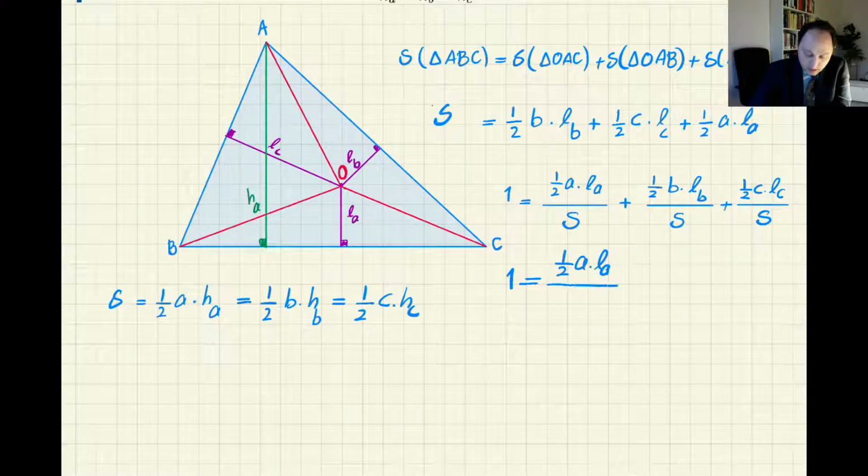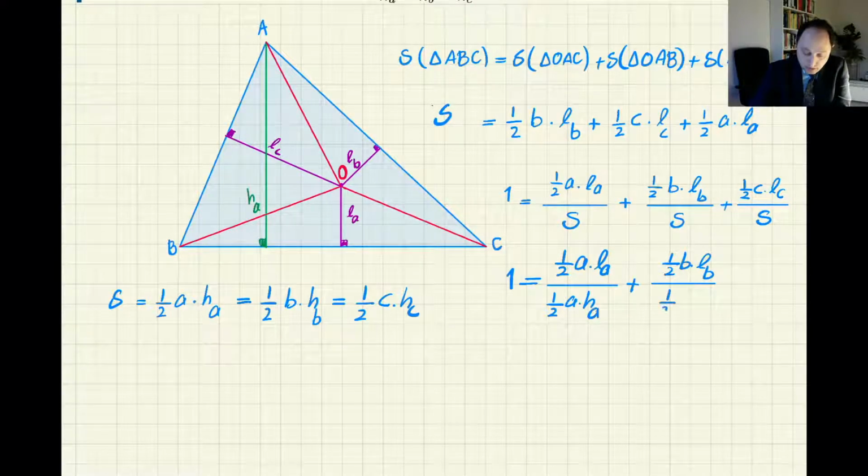Instead of this S in the denominator of this fraction, I choose the first formula for S, plus, for the next one, I write the numerator as it is, and I divide it by S, but this time I choose the second formula for S. That's up to me which one I want to use, yes? And for this third one, I copy and paste the numerator as it is. And then for the third S, I choose the third formula for S.